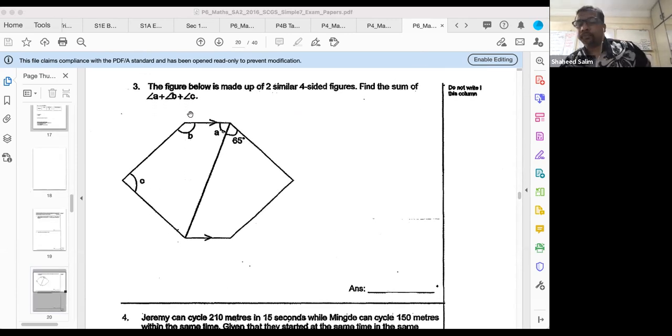This one, let's see. Sum of ABC. But there's no ABC.